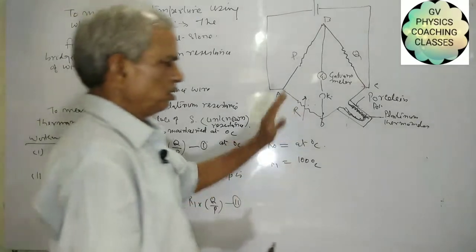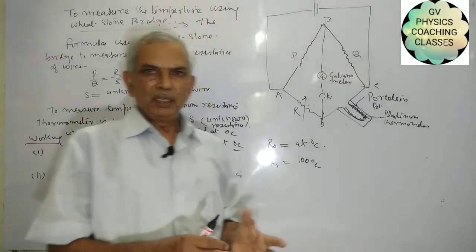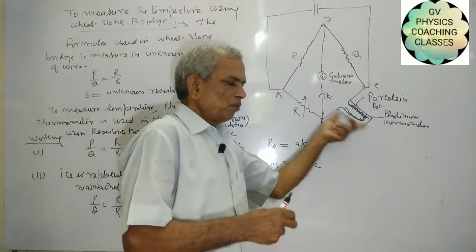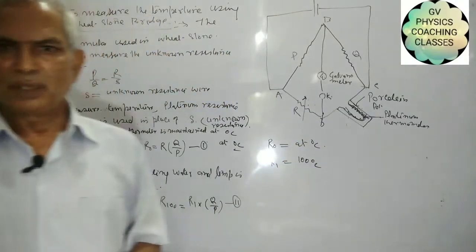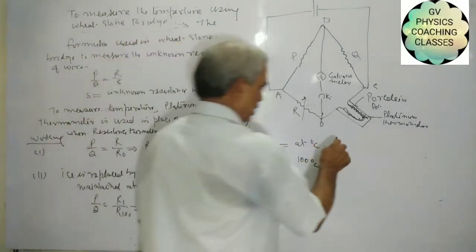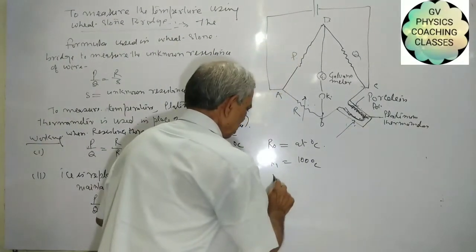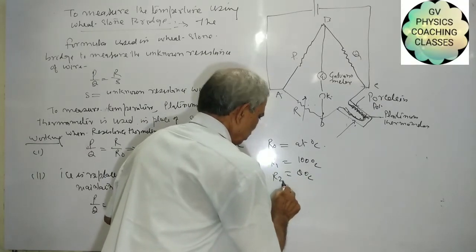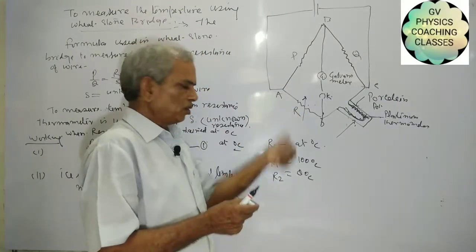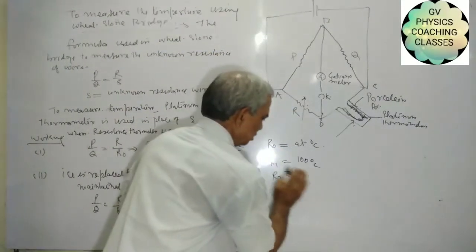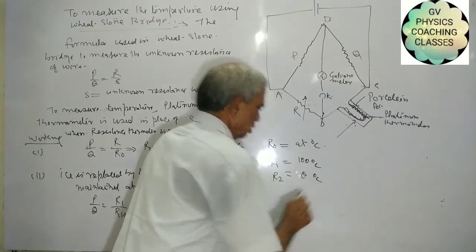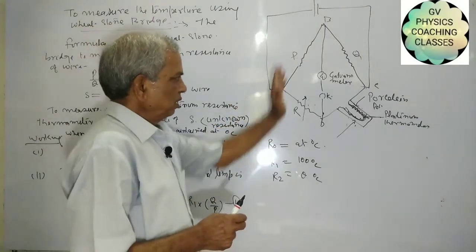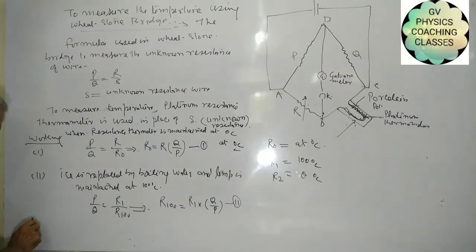Now we replace the boiling water. We put the substance, either liquid or solid, whose temperature is to be found out. Let that temperature be theta degrees Celsius. For this we change the resistance again, and let that resistance be R2.